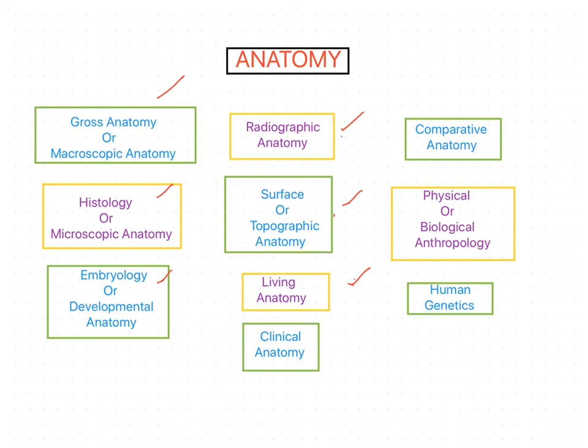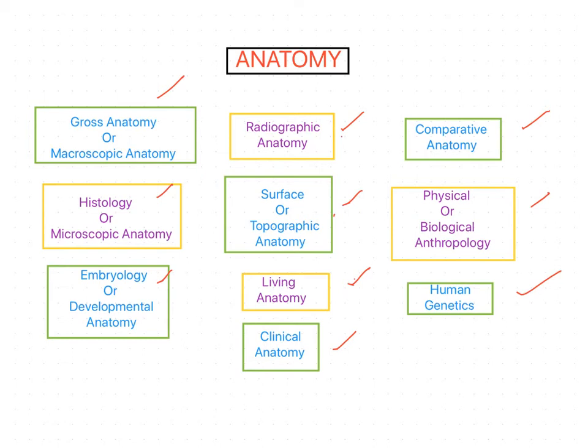This topographic or surface anatomy we can study in cadavers as well as in living beings. The next one is clinical anatomy, and the next division is comparative anatomy. Next are physical or biological anthropology and human genetics. These are the major divisions of anatomy. Now we will see them one by one.